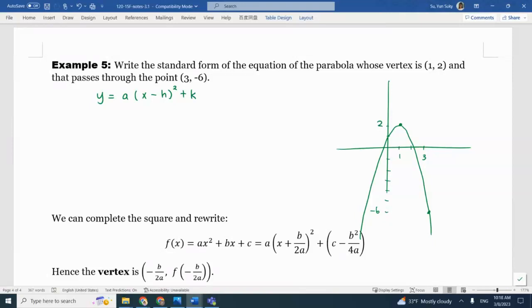All right. In this case, we already know the vertex is (1, 2). 1 is h, 2 is k. Is that okay, everybody? The vertex is (h, k), right? So h is 1. Let's plug in.